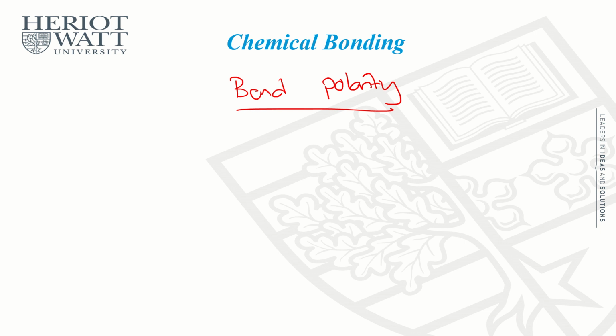So how do we know a bond is polar or non-polar? Now, bond polarity is only applicable to covalent bonds. They are not applicable to metallic and ionic. Why? Because ionic and metallic bonds are both actually polar. They are polar because they have charge.